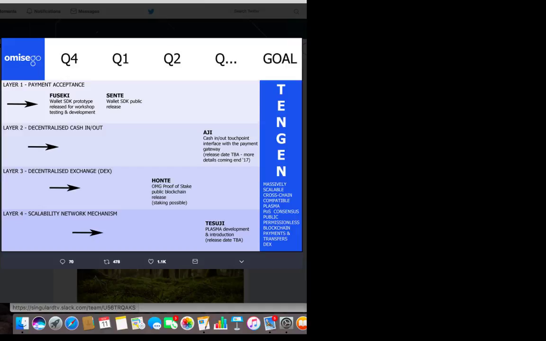Our layer 2, which is more interesting, is what's called the decentralized cash-in, cash-out. This is the touchpoint interface with the payment gateway, and I think that's one that is really the golden, not the golden ticket, but the holy grail. Okay, is the way I interpret that, guys, and please comment if you have opinions about this.